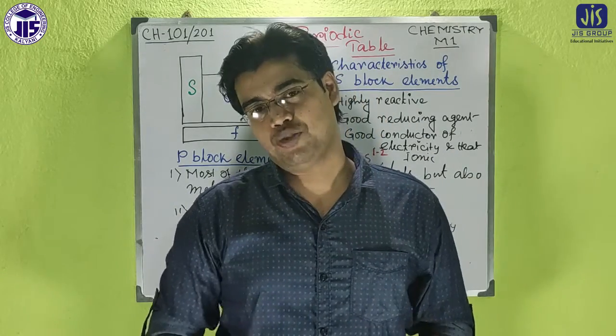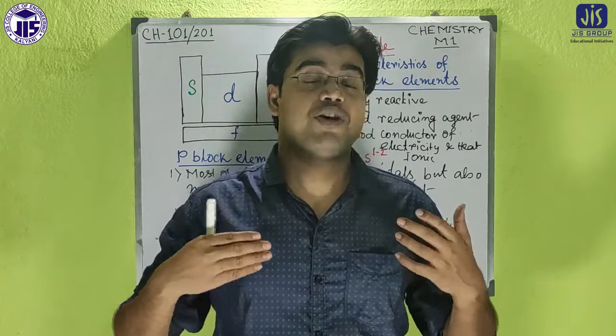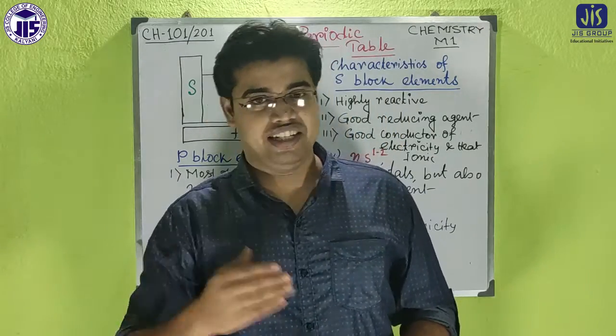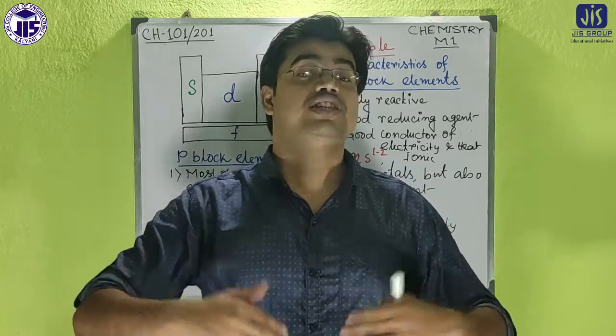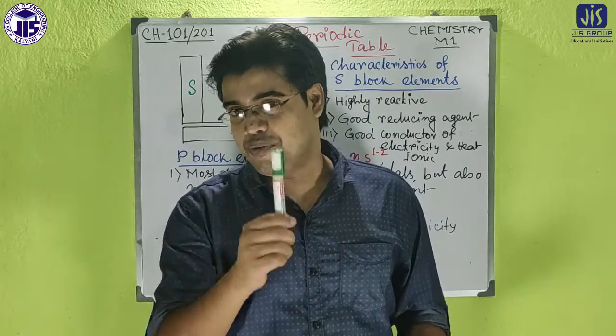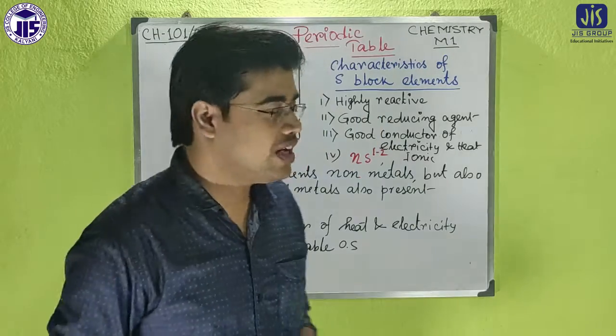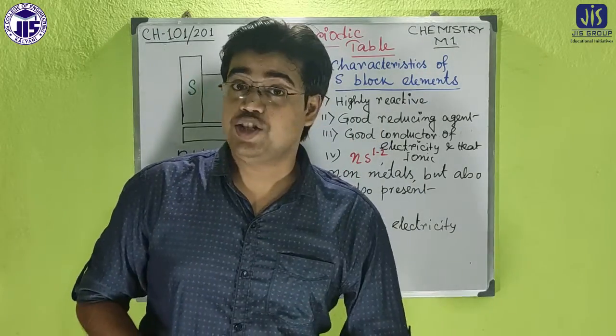Then we will discuss the different kinds of atomic radii, like van der Waals radii, metallic radii, and then obviously the ionic radii. So first of all we will discuss the properties of each and every block.